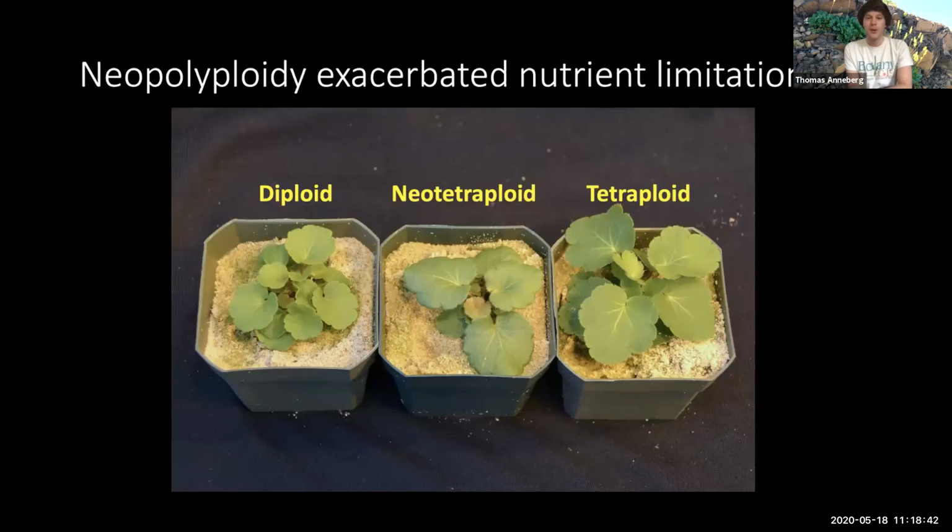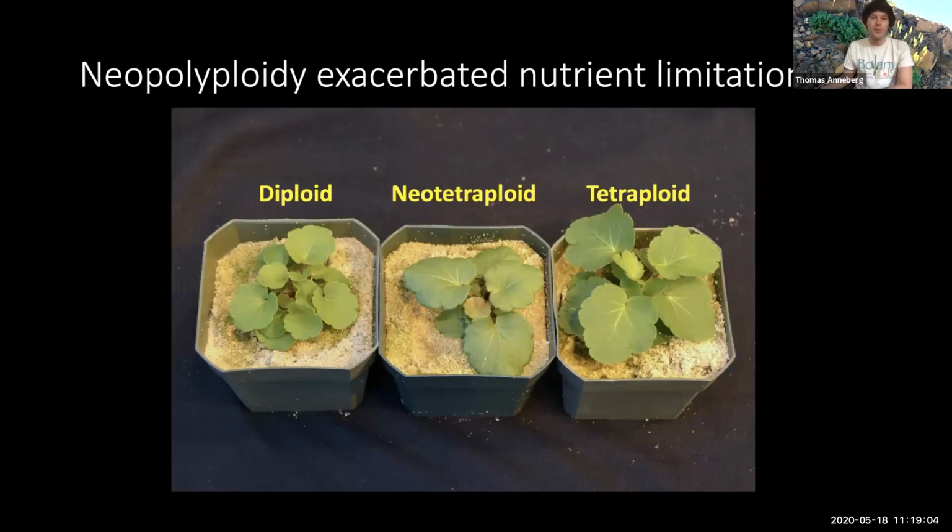I don't have any whole plant pictures to show you with above and below ground structures, but if you can imagine, these neotetraploids are allocating a lot more of their biomass above ground than below ground, particularly into storage. So I see that as a pretty maladaptive consequence of neotetraploidy, at least in high resource environments.